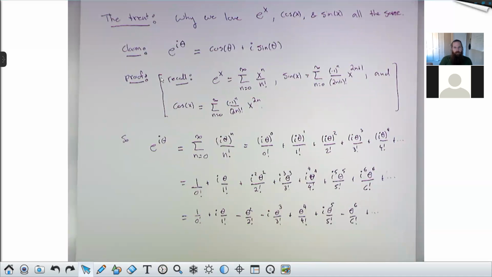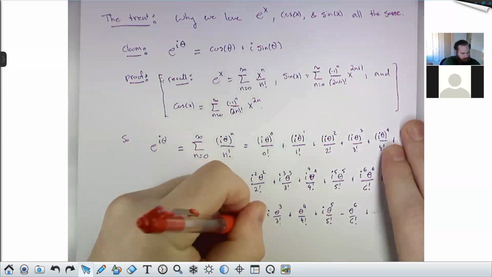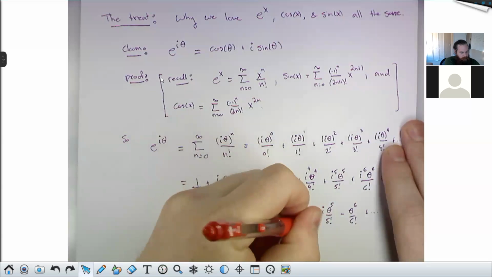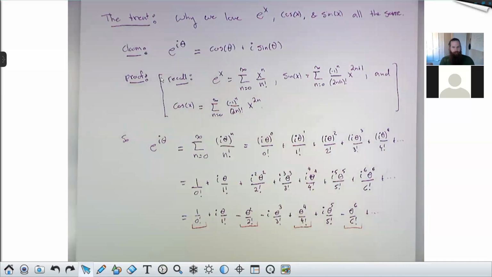And the cool thing here happens if you group the real pieces and the non-real pieces. So the real pieces here, this, this, this, and this.